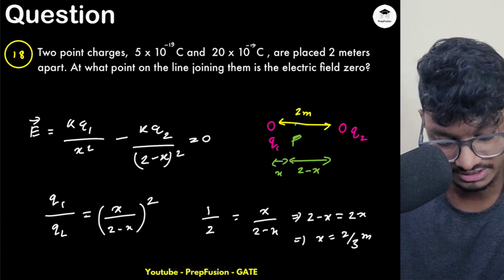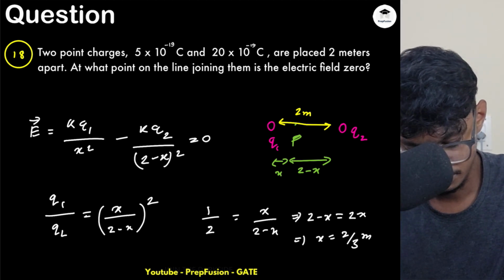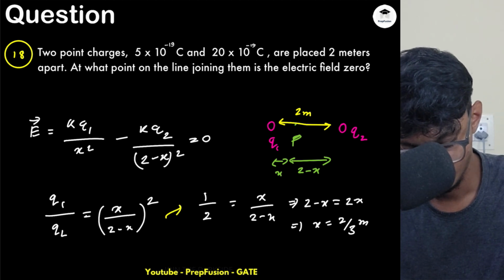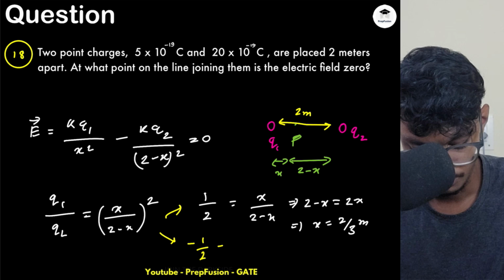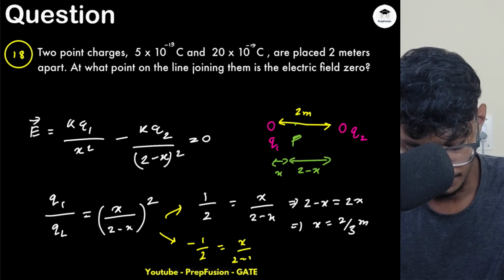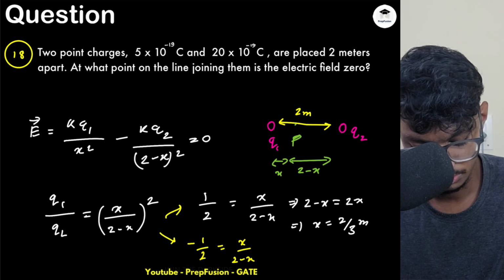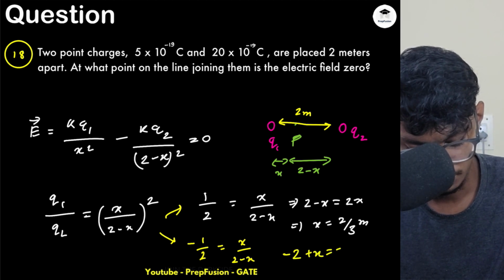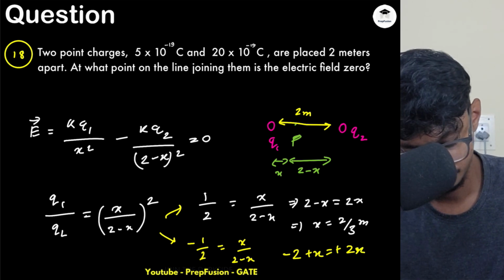Electric field will also be 0 at some other point as well. If we take this as negative, this is one of the solutions. Let's say this was negative, minus 1 by 2, minus 2x, this will be minus 2 plus x equals to plus 2x, right? So this becomes x equals minus 2.